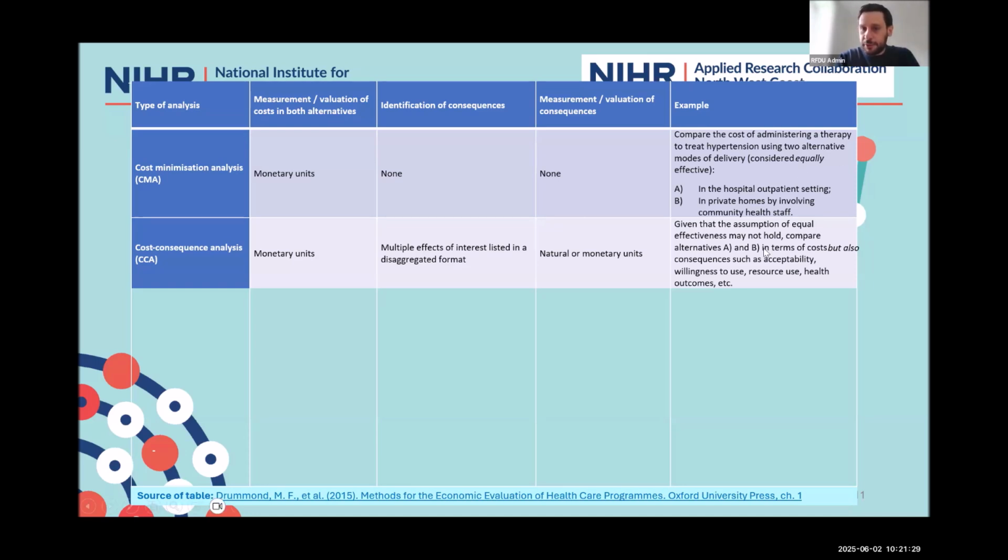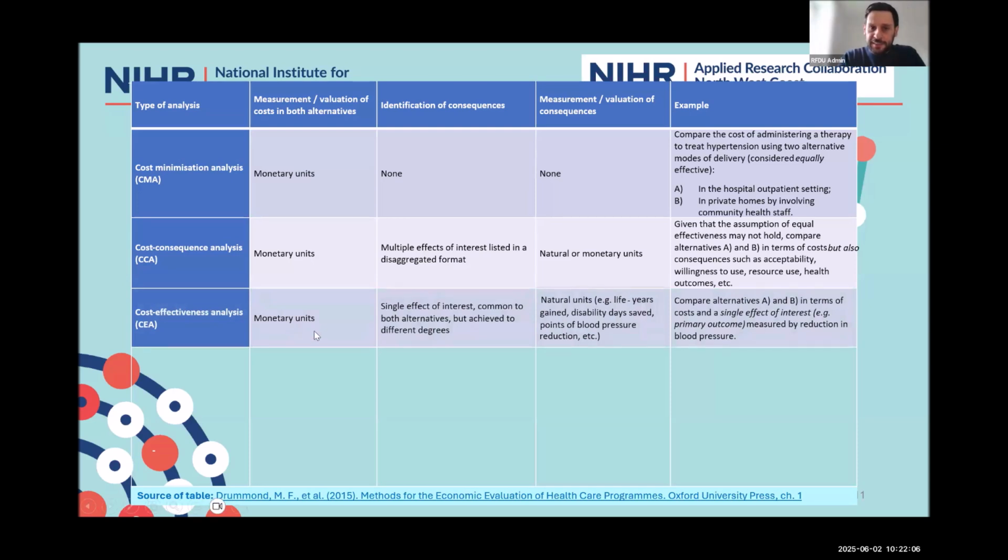So if we look at the example here on the last column, we're going to compare the interventions in terms of cost, but also consequences such as acceptability on the part of, for example, the patients or healthcare professionals, willingness to use, resource use, for example, how many medications people use because of the interventions, and health outcomes, of course. So these are all different effects we are going to consider in a cost consequences analysis, but all separated, all listed in a disaggregated format.